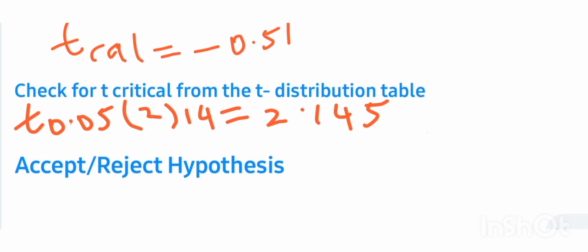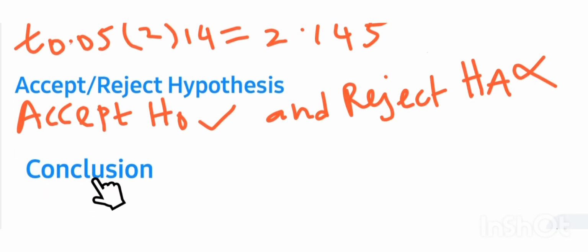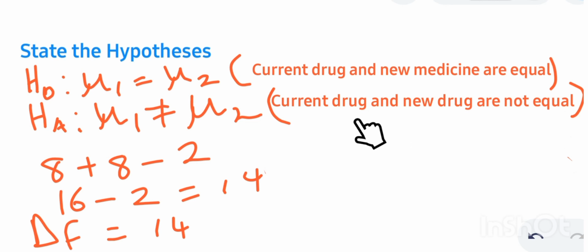Lastly, we're expected to draw a conclusion. Our conclusion will be based on the fact that we accepted null. So we are to look at what null says. Null says current drug and new medicine are equal.